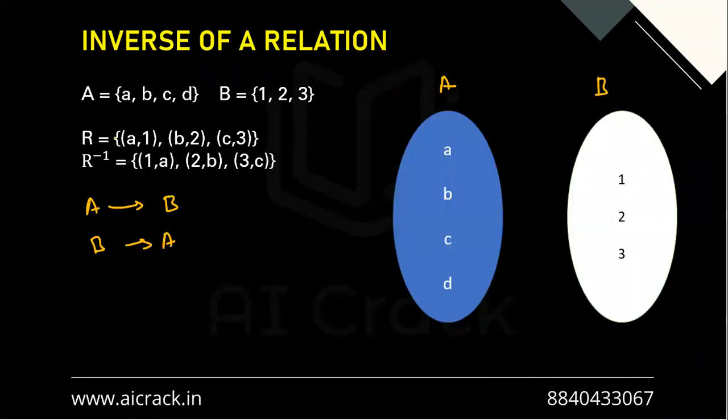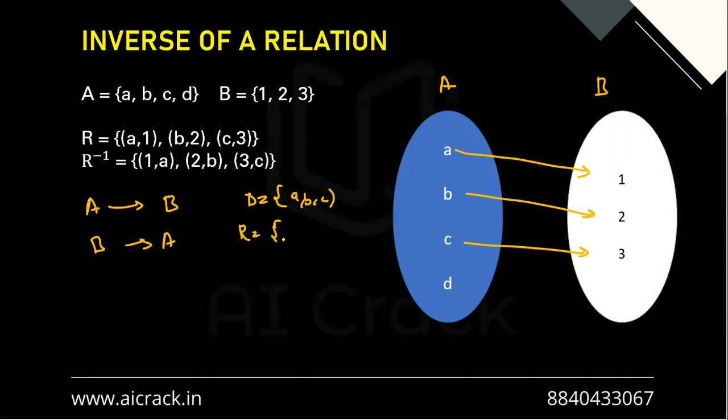Now initially in this relation R, we had defined (1, a), (2, b), and (3, c). Here the domain is {a, b, c} because only these three are being mapped. Similarly, our range is {1, 2, 3}, and our codomain equals {1, 2, 3}.